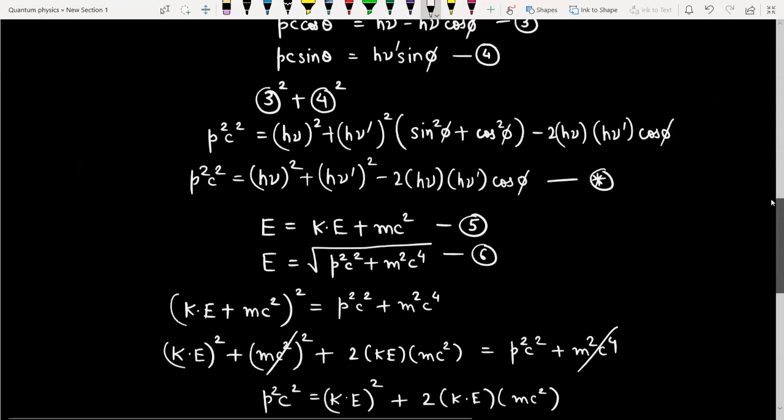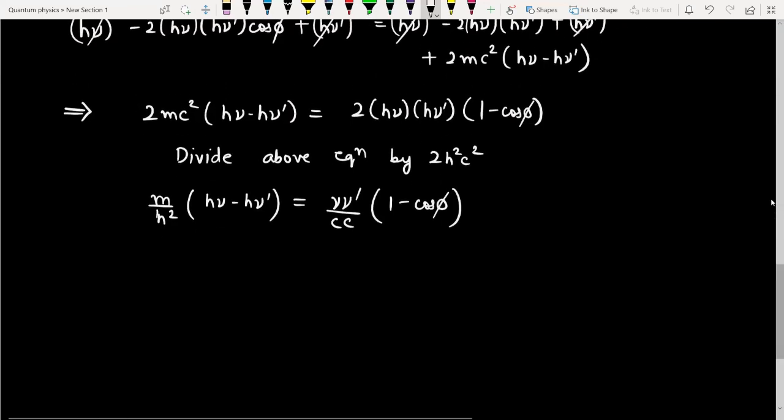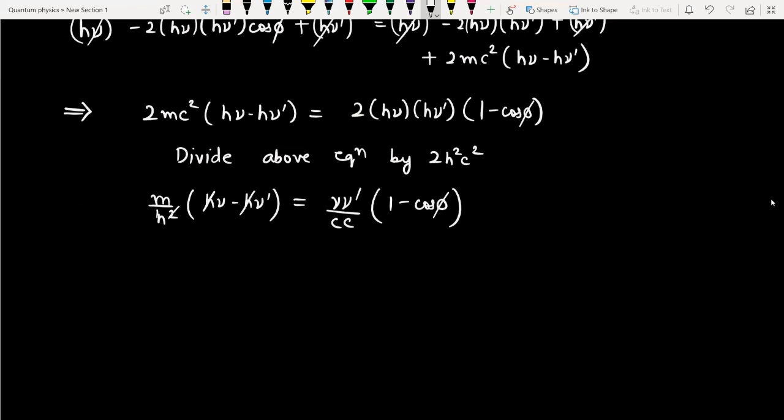So what do we do? We don't have a c term here. First thing first, you can see this h cancels with one h, and I am multiplying the left hand side by c. Obviously this h and h cancel off, so one h remains.